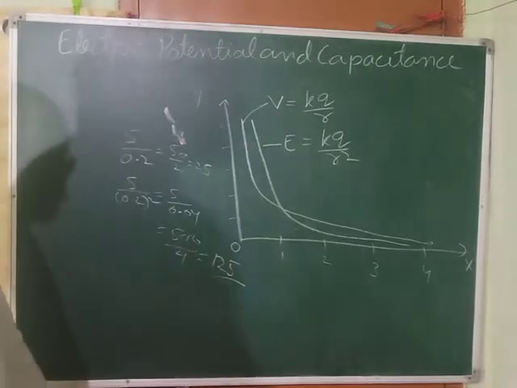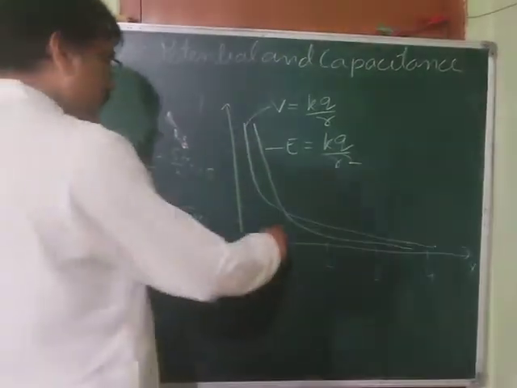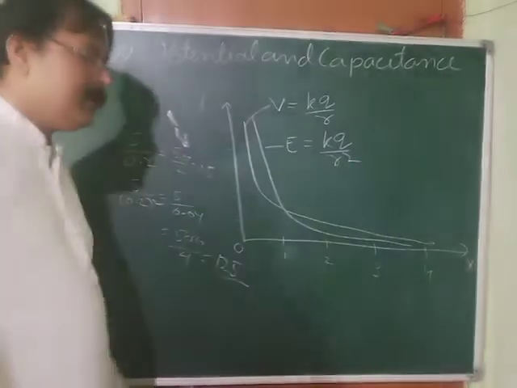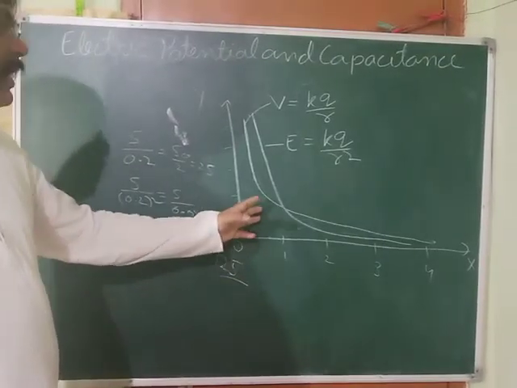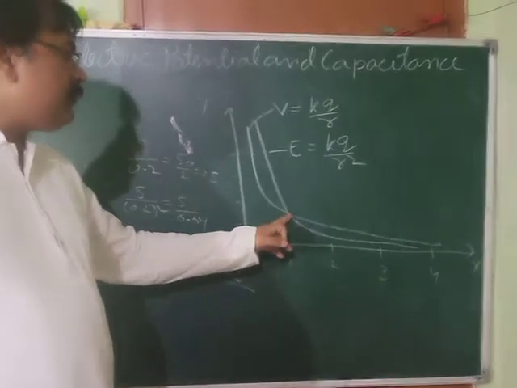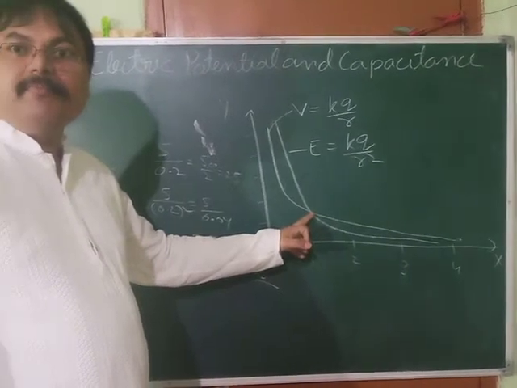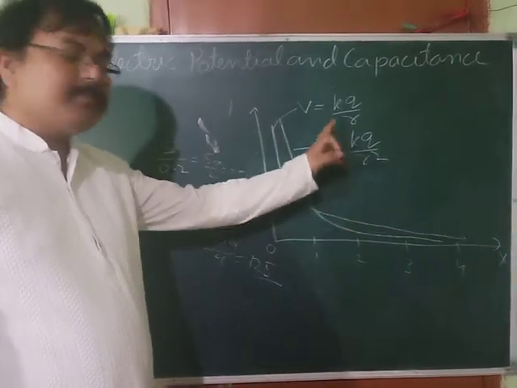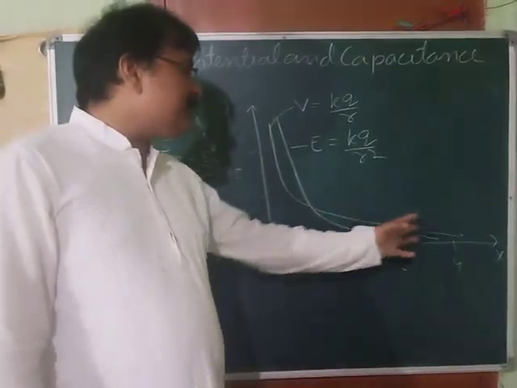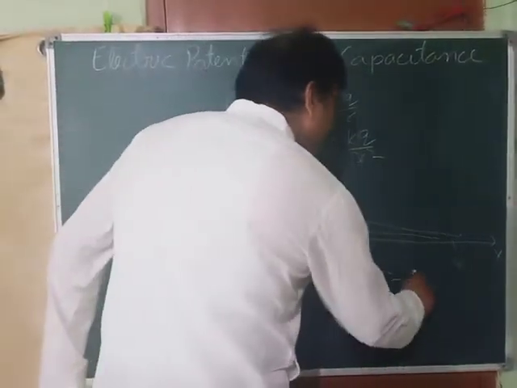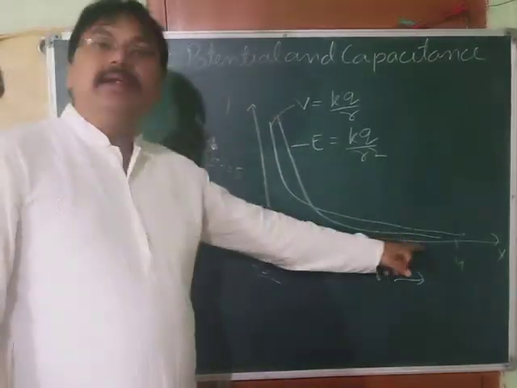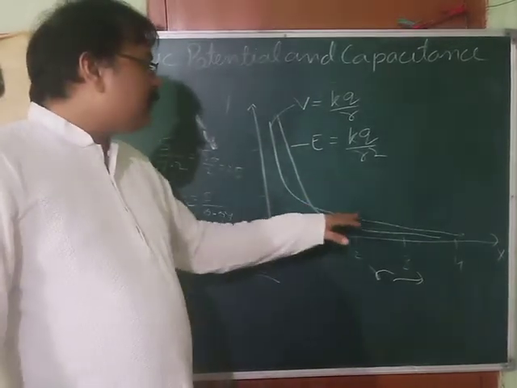Which is more? Electric field is more. That's why, corresponding to the same distance, you will find electric field is more initially, when distance is less than 1. And at distance 1 meter, the potential and electric field are the same, since the distance is the same, 1 meter for both, and for the same charge. But as you keep on increasing the distance, you find that the electric field decreases more rapidly than the potential.